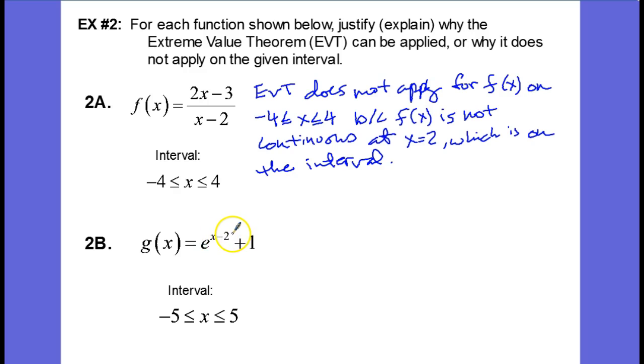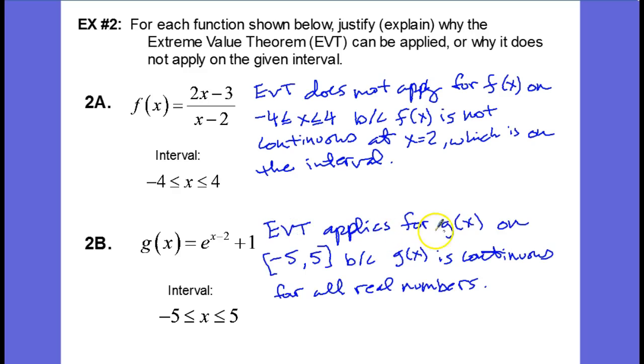Now we can raise it to a negative power, we can raise it to a positive power, we can raise it to the 0 power, and there's no real number x, especially on this interval, that's going to cause a problem. So in this case, we can make the argument that the extreme value theorem applies for g of x on the closed interval from -5 to 5 because g of x is continuous for all real numbers.